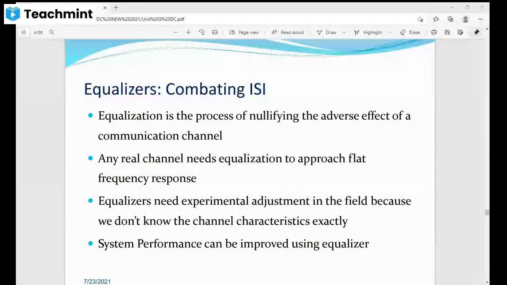Are you getting this? So to make the signal free from the ISI and ensure the maximum signal to noise ratio, we need to implement a method called equalization.